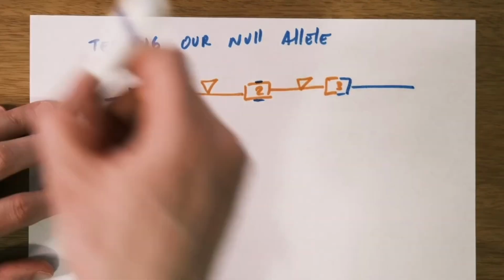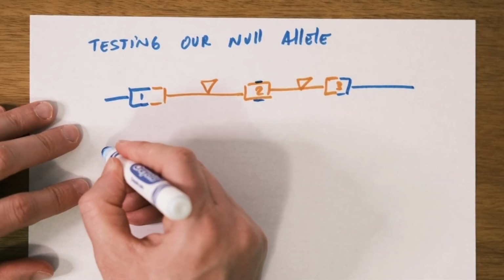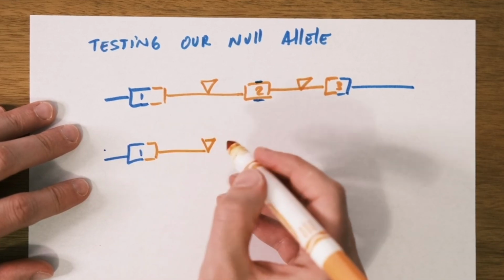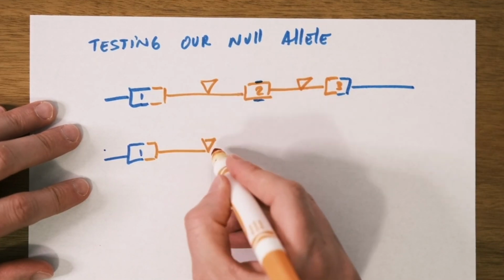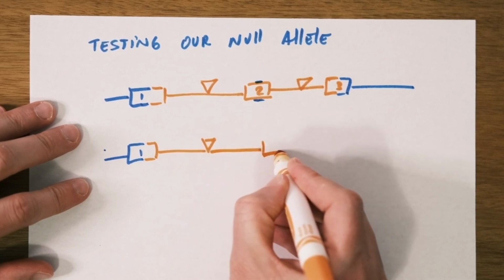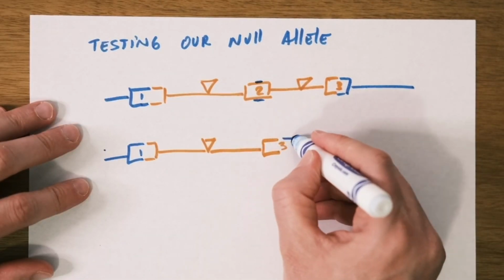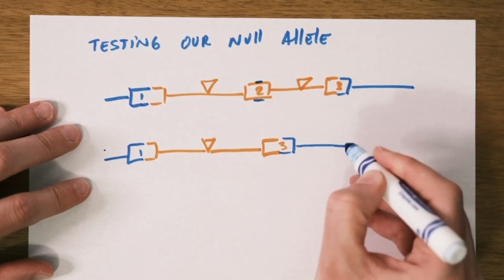If we actually get the null allele, then we will have exon 1, a little bit of the first Flox site, and then skip the exon 2, we move to the third, and this is the other part of the genome.